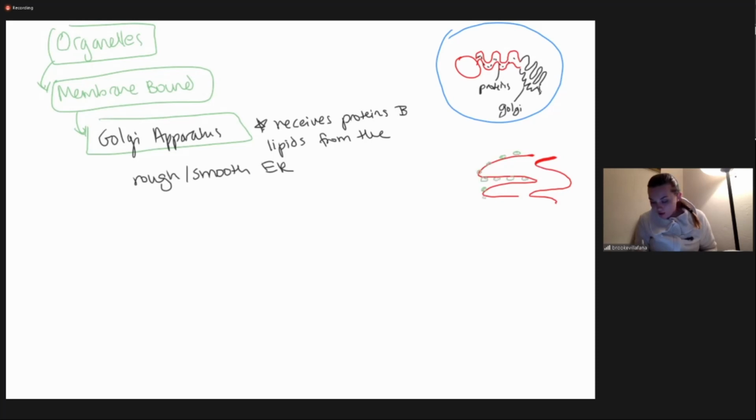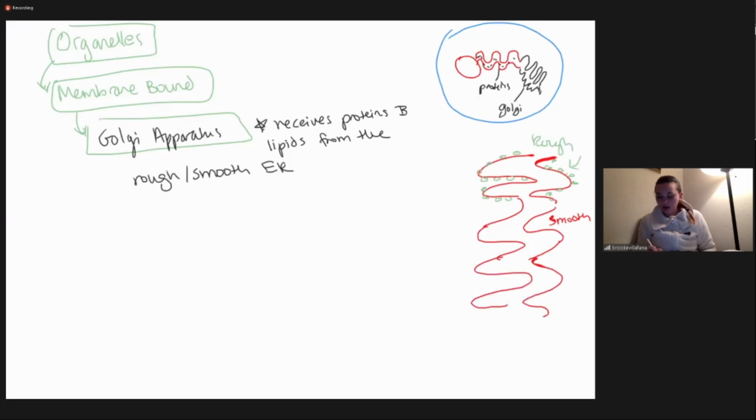And if it has ribosomes attached, what did we say it was called? Rough, right? Rough is when it has the ribosomes. Some portions may not have any ribosomes, and we said that that was smooth, right? So it kind of looks like this. It keeps winding, and parts of it have ribosomes, and they're called rough.